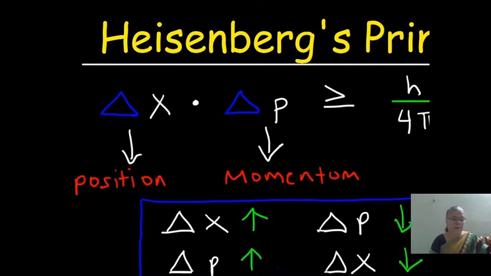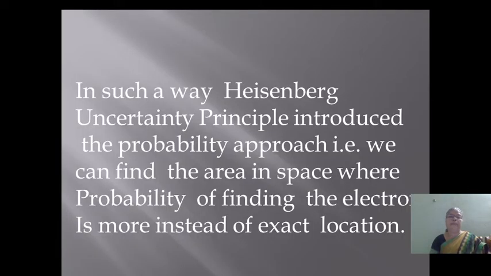And for your syllabus, this Heisenberg's Uncertainty Principle is about it only. That means, according to Heisenberg's uncertainty principle, it is impossible to determine simultaneously and accurately the position and momentum of a microparticle at a time.